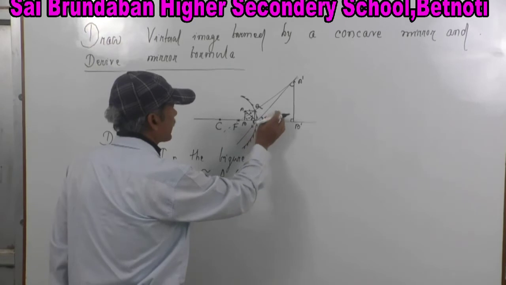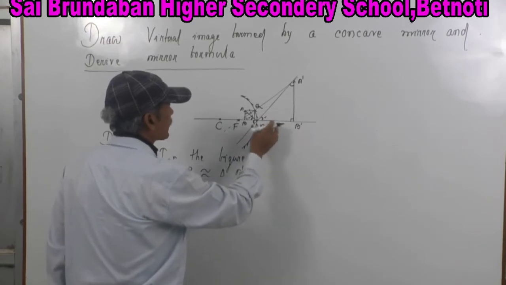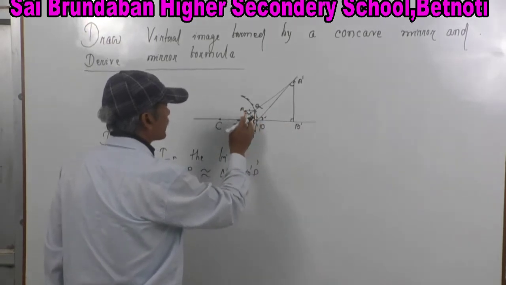The front side of this angle is A dash B dash and the front side of the other angle is AB.